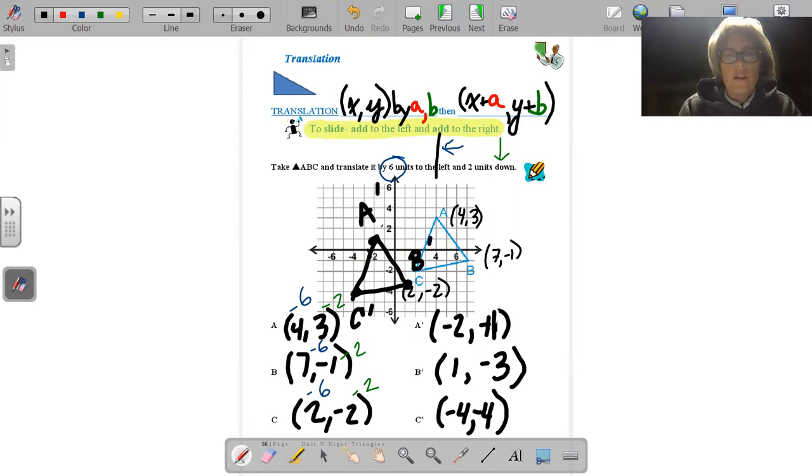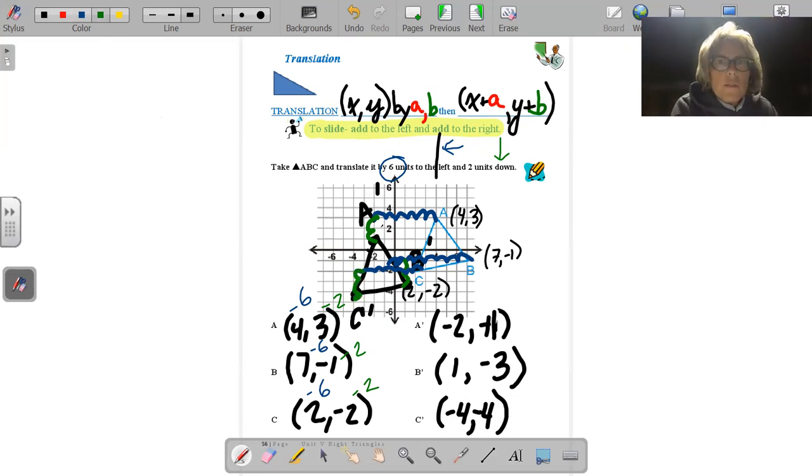That's called translation. Now, if it's a physical piece of paper, you can bunny hop this. Watch. 6 to the left, 1, 2, 3, 4, 5, 6. 2 down, 1, 2, ta-da, there it is. You can do the same with the other points.